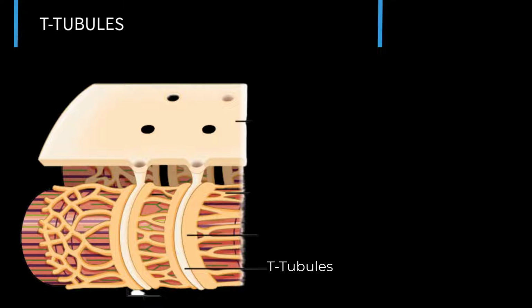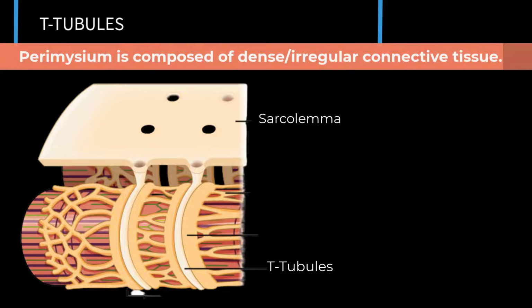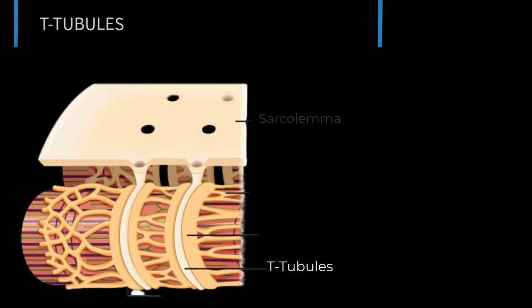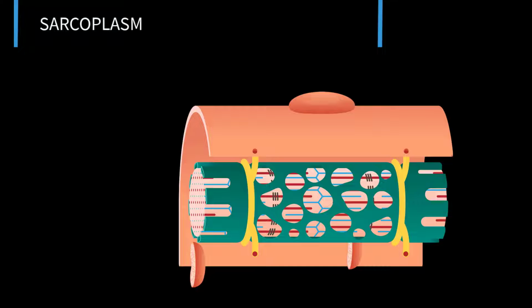T-tubules are the tiny openings found all along the sarcolemma filled with interstitial fluid. These openings provide a tunnel in from the sarcolemma towards the center of each muscle fiber. The cytoplasm of a muscle fiber is referred to as sarcoplasm.